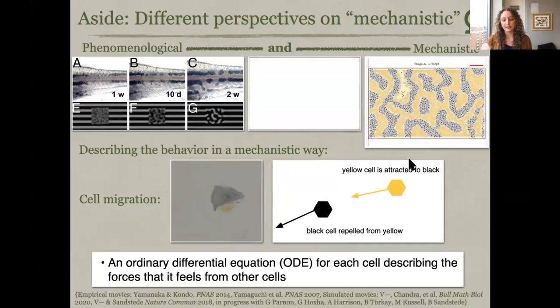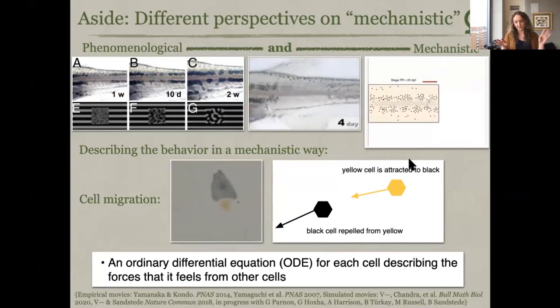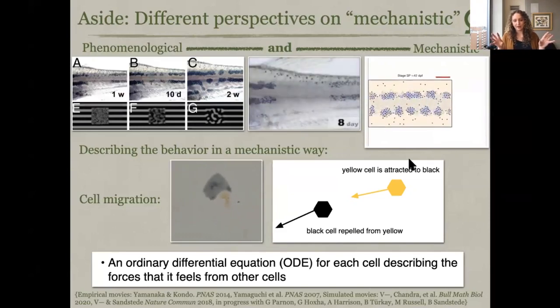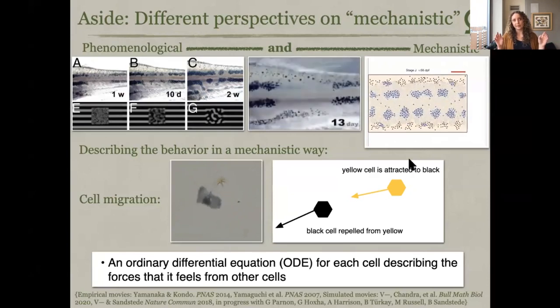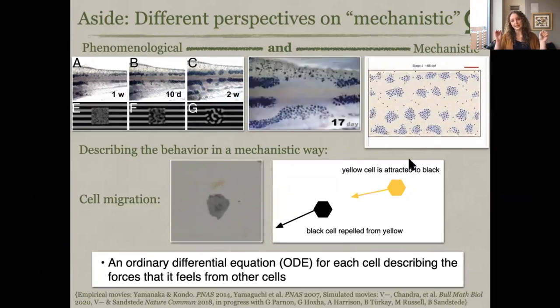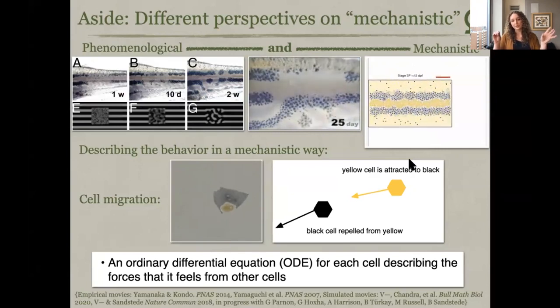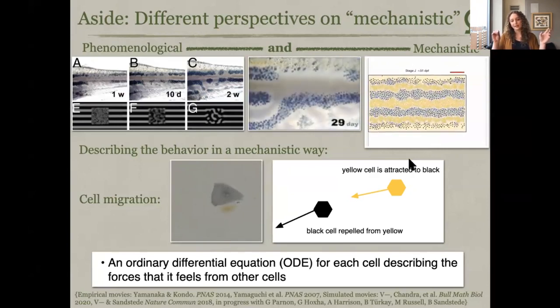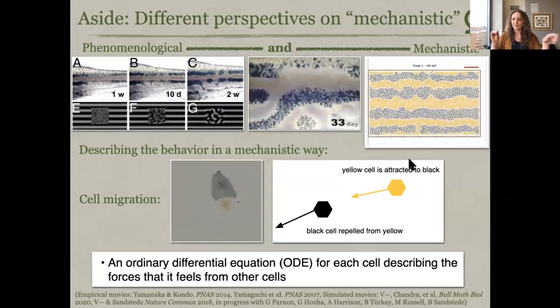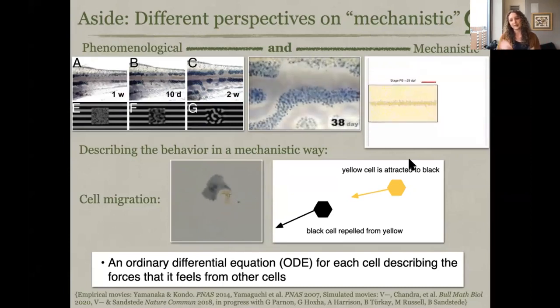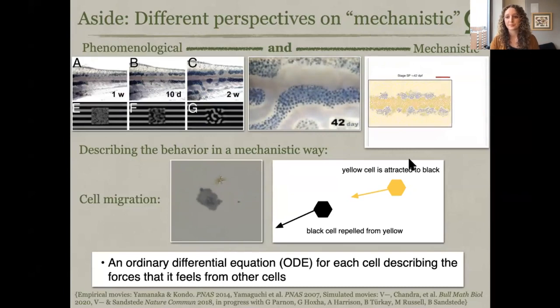So I think it's not necessarily that a phenomenological model or a mechanistic model is better than the other. It's more about picking the one that matches the amount of data that is known. Because if you're building a mechanistic model without any kind of detailed knowledge of what's going on, then you're just throwing assumptions into the system.